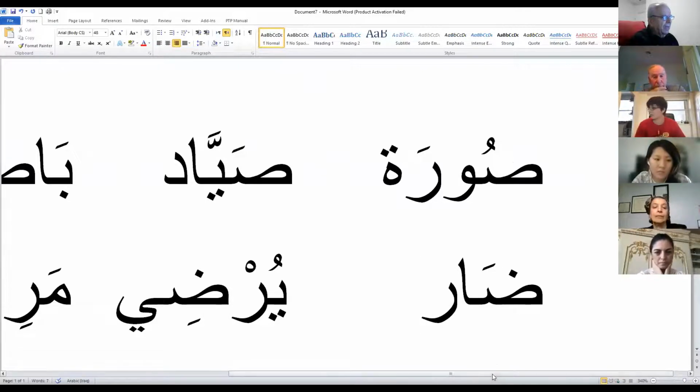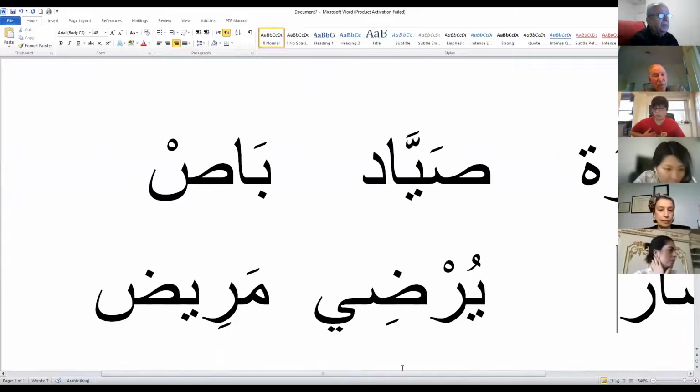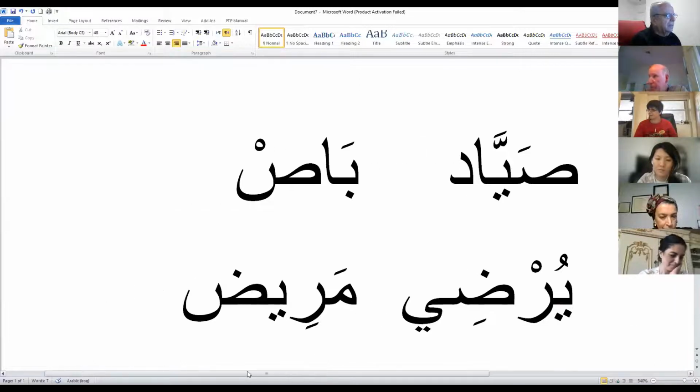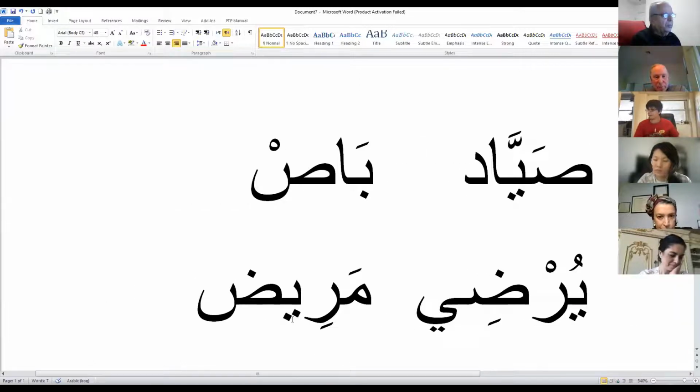And this is dad again in the beginning of a word, although it's not in the beginning, but just because the letter before it is one of the 6 snob letters that do not want to connect with the letters after them, it should be written as if it's in the beginning of the word. And here is the dad at the end of a word when it is connected. So we have the whole thing together.